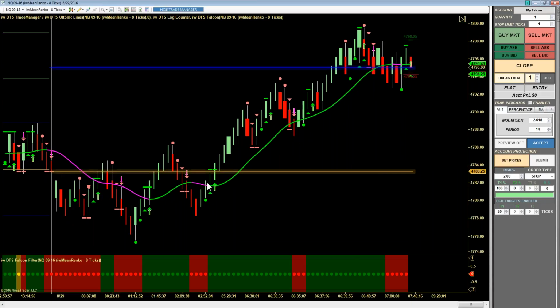I would not consider a late filter entry signal if the trend line goes out of sync for 2 or 3 or 4, 5 bars. That's far too long, but occasionally it's going to go out of sync for a single bar.